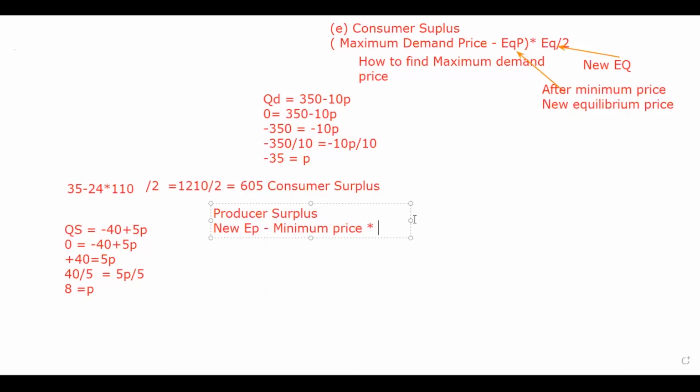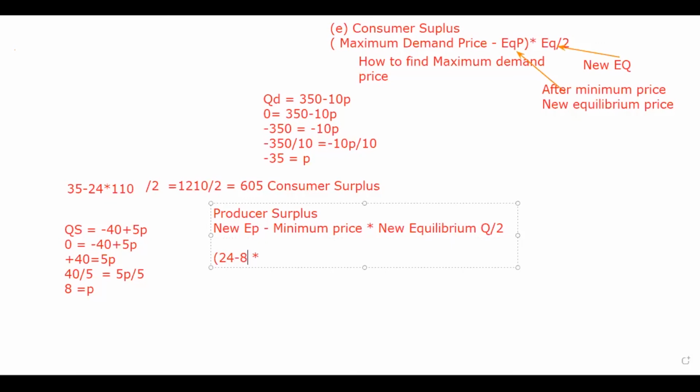Here in this sum they are asking after minimum price, so I will write the new equilibrium quantity. After writing the new equilibrium quantity, I'm almost done. I need to divide it by 2. So the new equilibrium price was 24 minus the minimum price 8, into the equilibrium quantity, which I will take as 110.